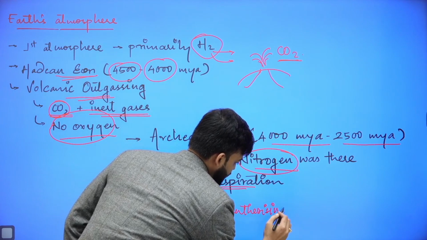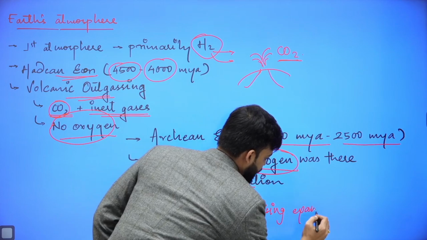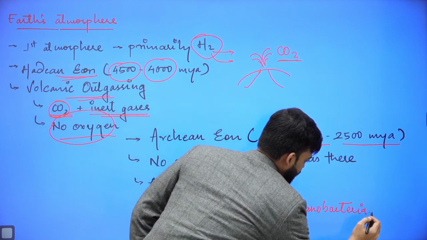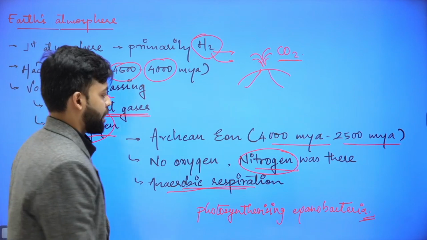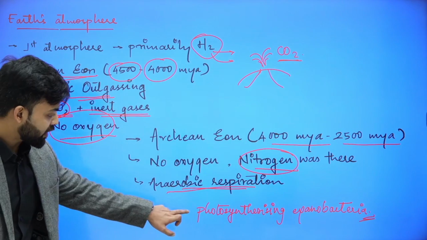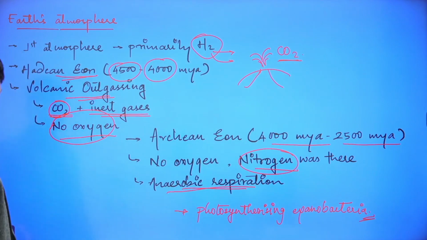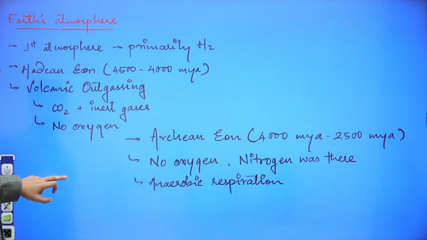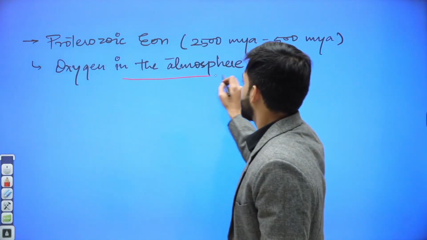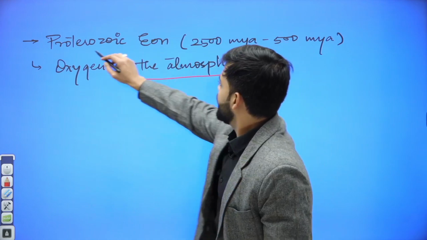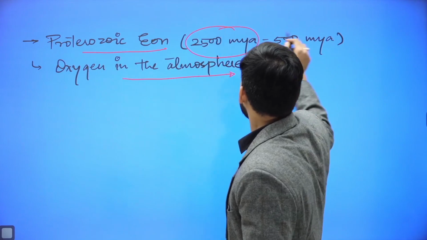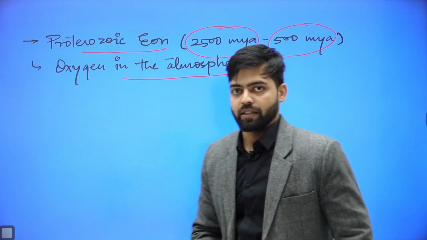Now these photosynthesizing cyanobacteria, which was the first evidence of life, or first form of life that emerged in earth, during the process of photosynthesis released oxygen, and because of them oxygen in the atmosphere came into picture in Proterozoic eon, that is 2500 million years ago till 500 million years ago.